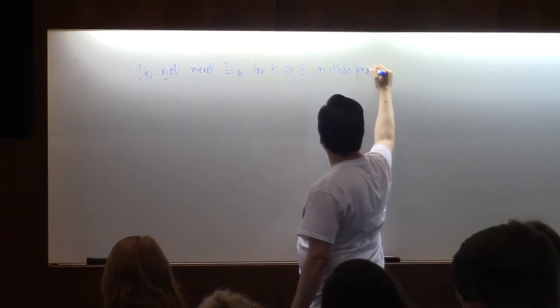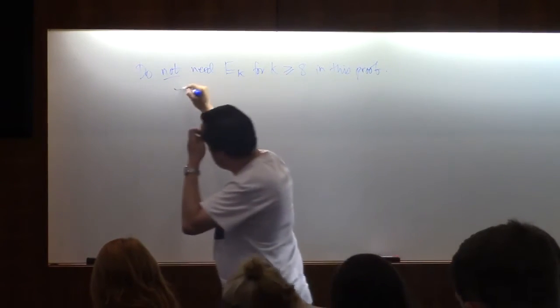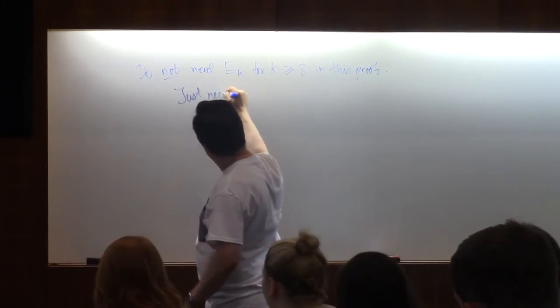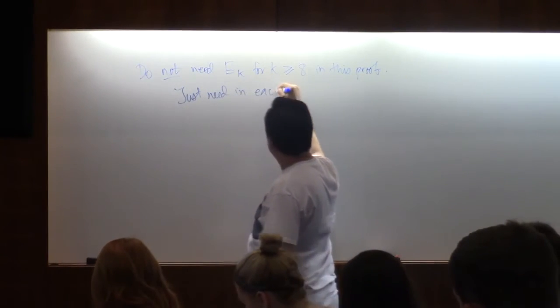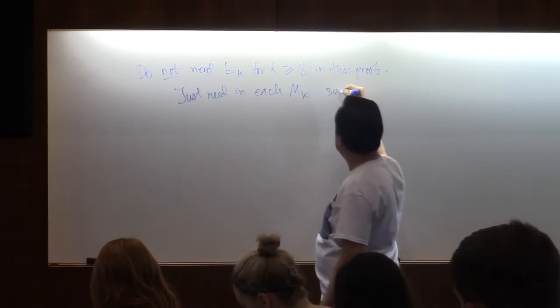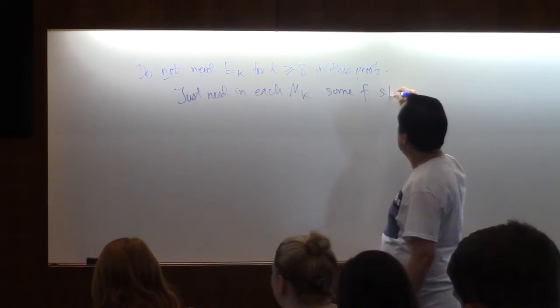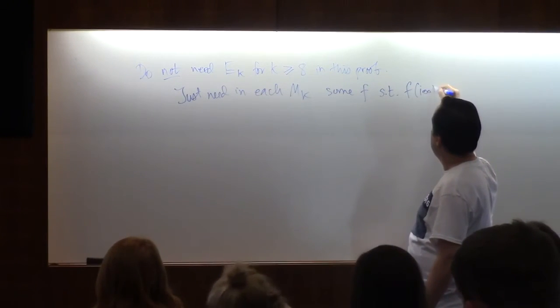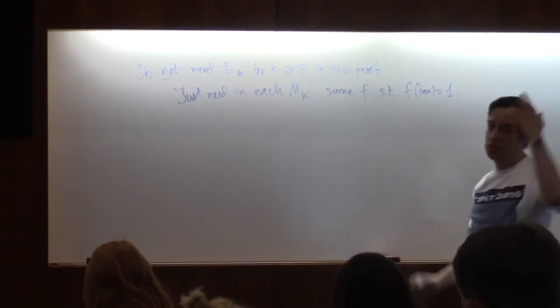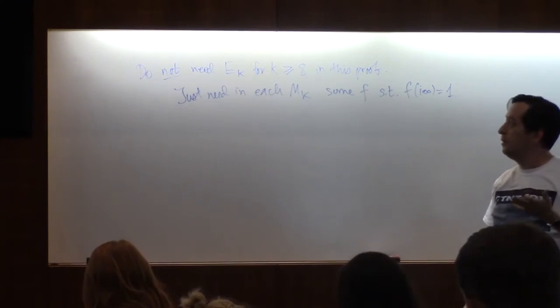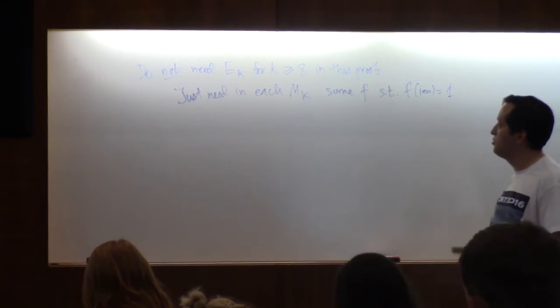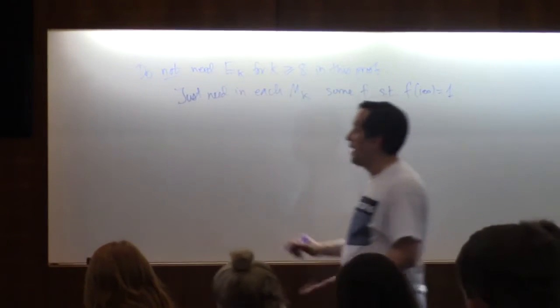It seems that I'm using the Ek's, but we just need, in each of these Mk's, some modular form whose value at infinity is 1. And the Ek is just a convenient choice. But I can find such an f just using E4 and E6, powers of those.